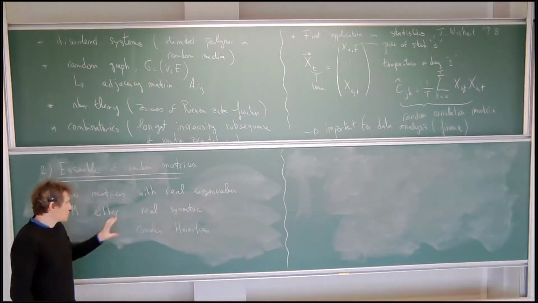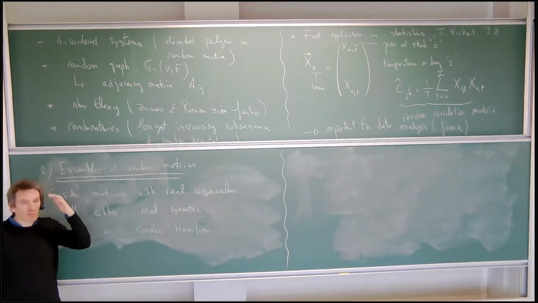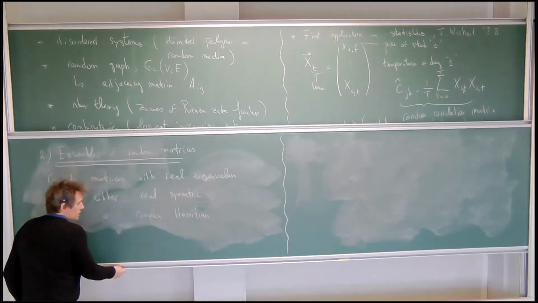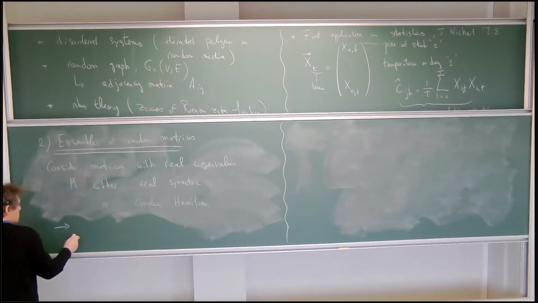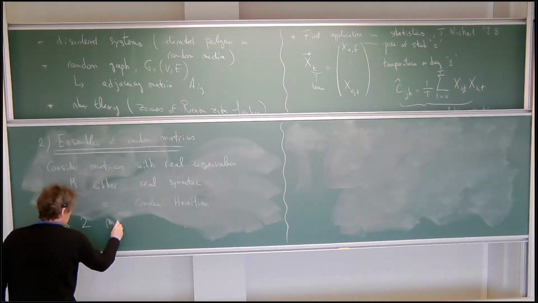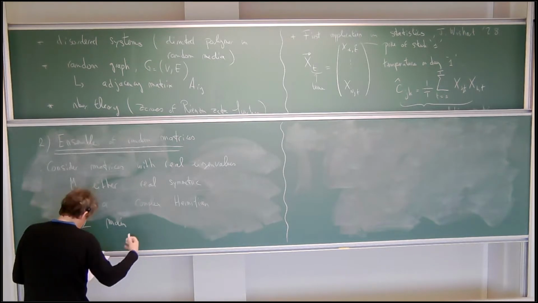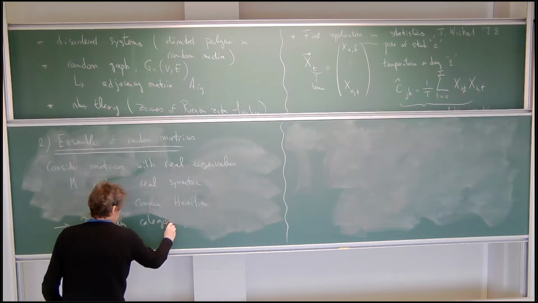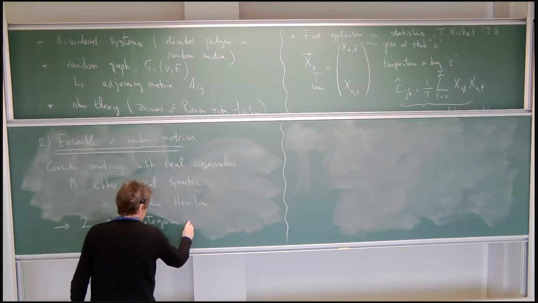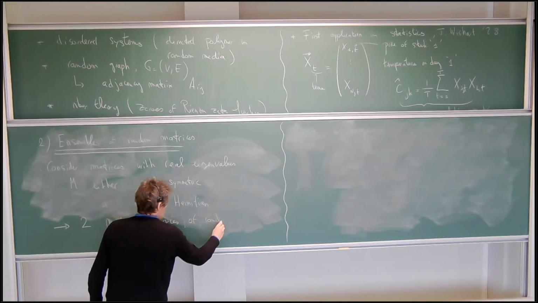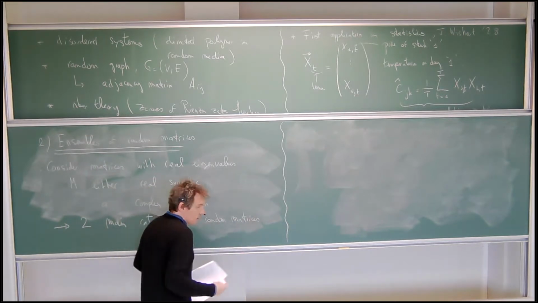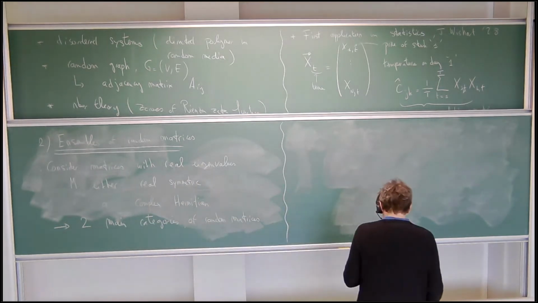Now, it turns out that if you restrict yourself to that, there are two main natural ensembles that can be introduced, and that's what we are going to see. So there are two main types of ensembles, two main categories of random matrices. I'm not saying that these are the only ones, but they are the most interesting ones for practical purposes.